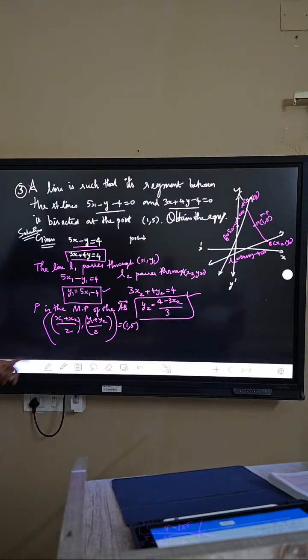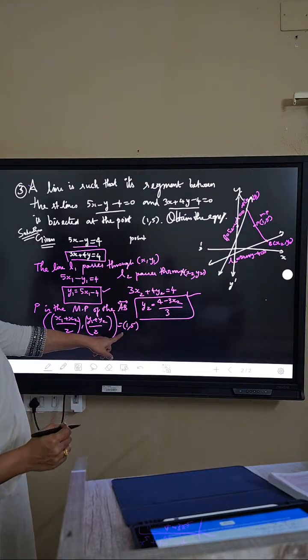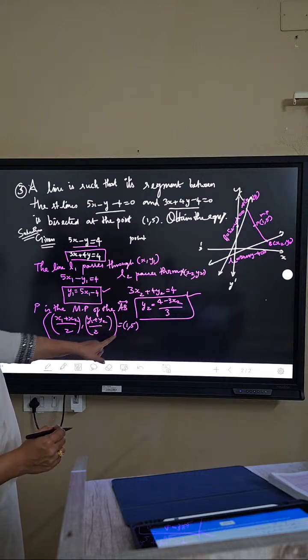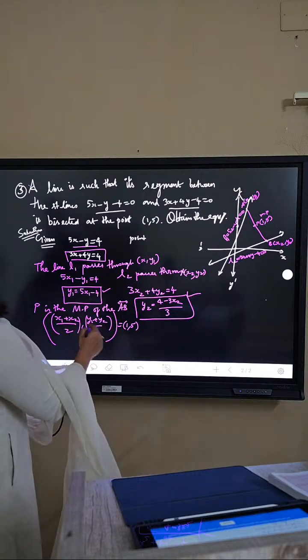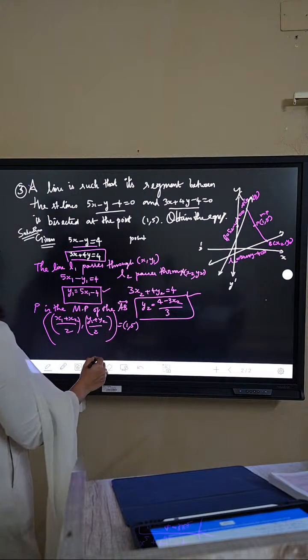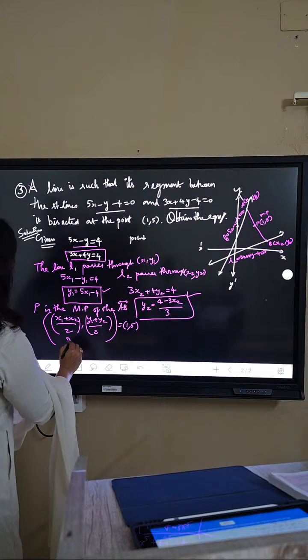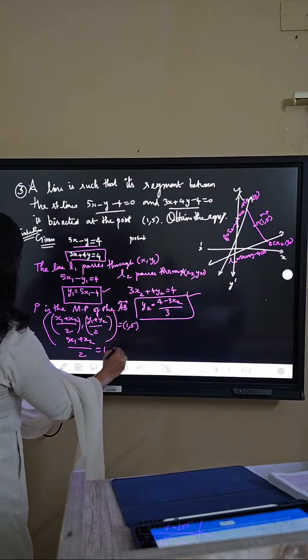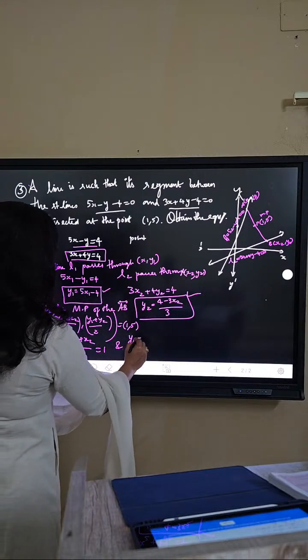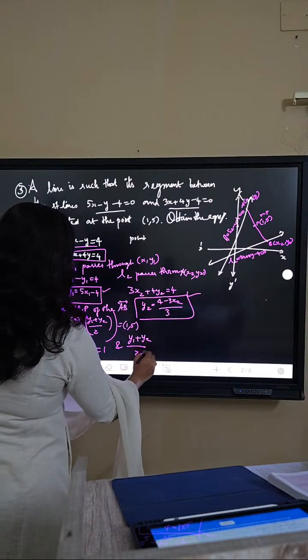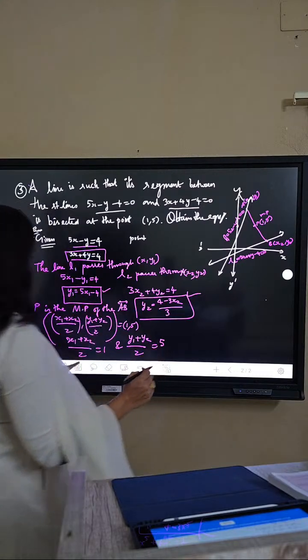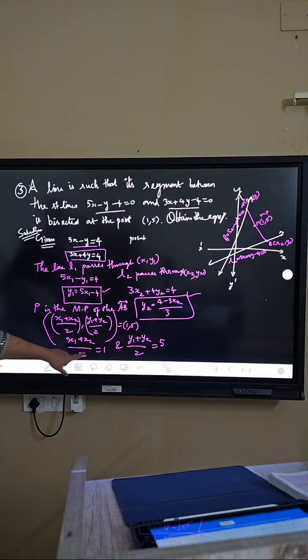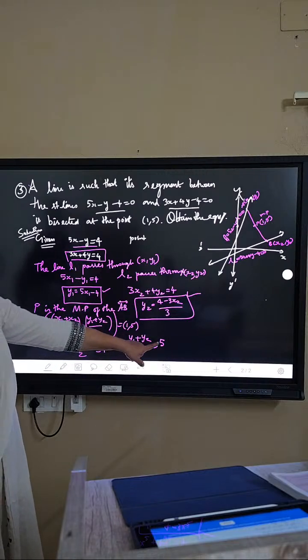You can equate x1 plus x2 by 2 as 1 and y1 plus y2 by 2 as 5. So here you can equate like this: x1 plus x2 by 2 is equal to 1 and y1 plus y2 by 2 is equal to 5. So what is here? x1 plus x2 is equal to 2 and y1 plus y2 is equal to 10.